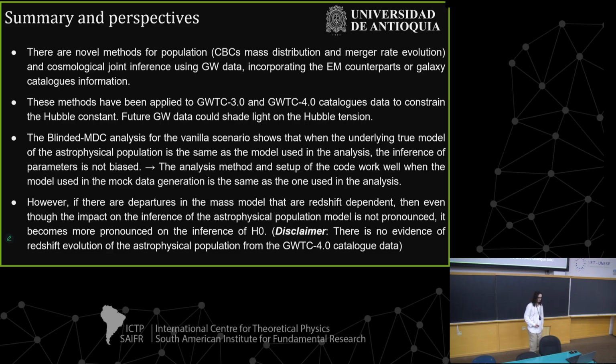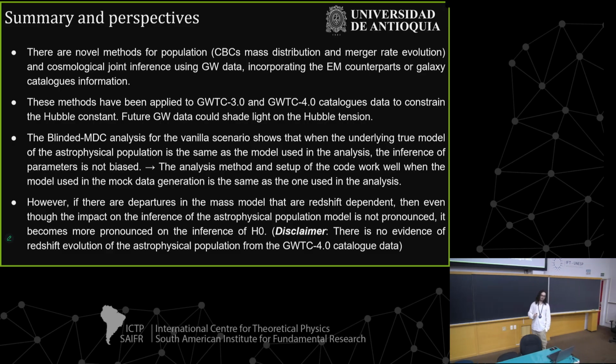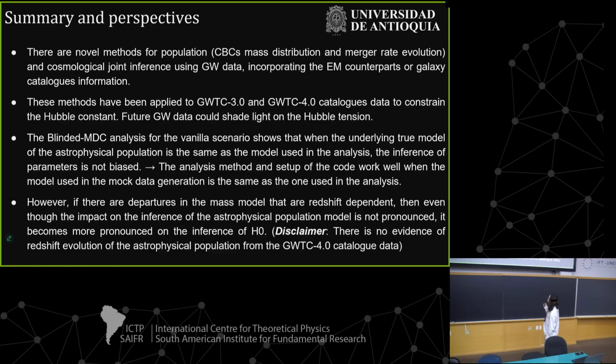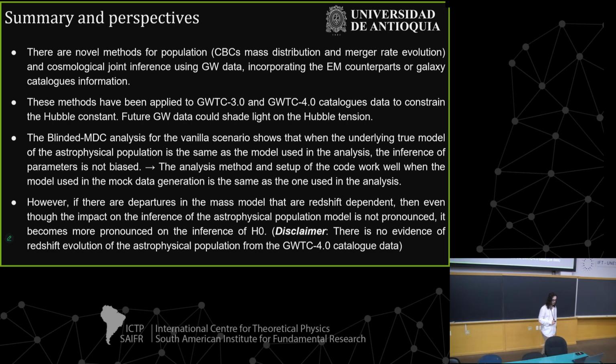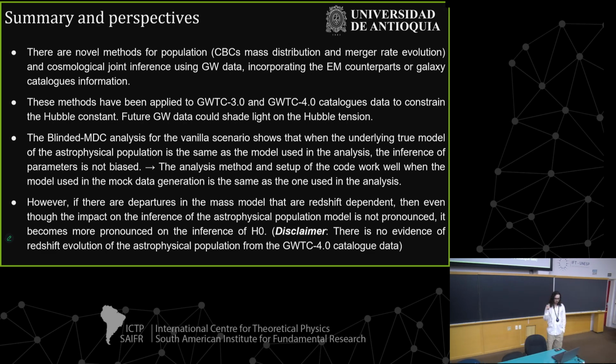And the other key thing is if there are some departures from the mass model, in this case which are redshift dependent, then there would be some impact on the inference of the astrophysical population parameters, but this will not be very pronounced, and it will be a bit more pronounced on the inference of H0.